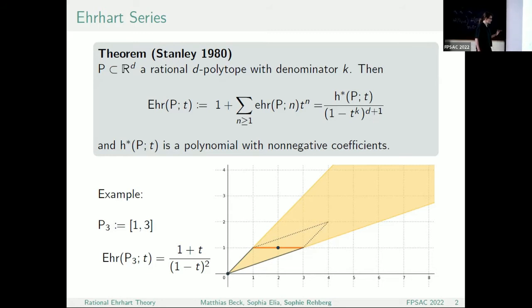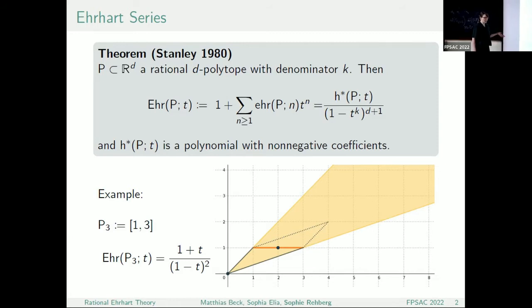Okay, so here's a crash course in how to compute the Ehrhart series for simplices. We have this interval from 1 to 3. And what we do is we place the polytope in a vector space one dimension higher at height 1, and then we look at the cone over it. So I've placed this interval at height 1 in this 2-dimensional space, and then I take the cone over it.